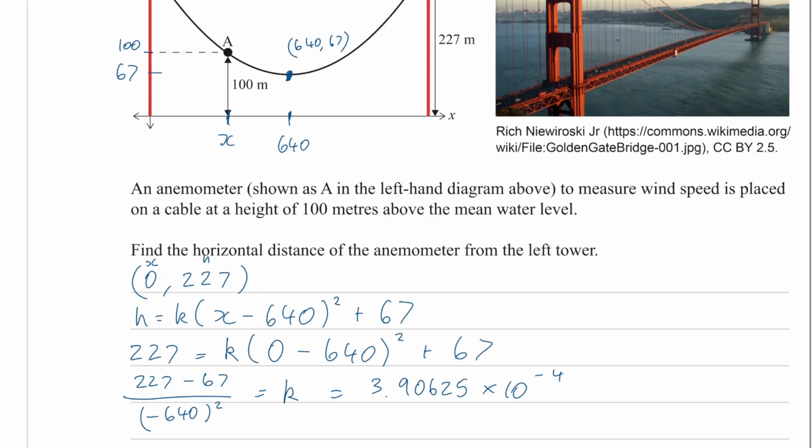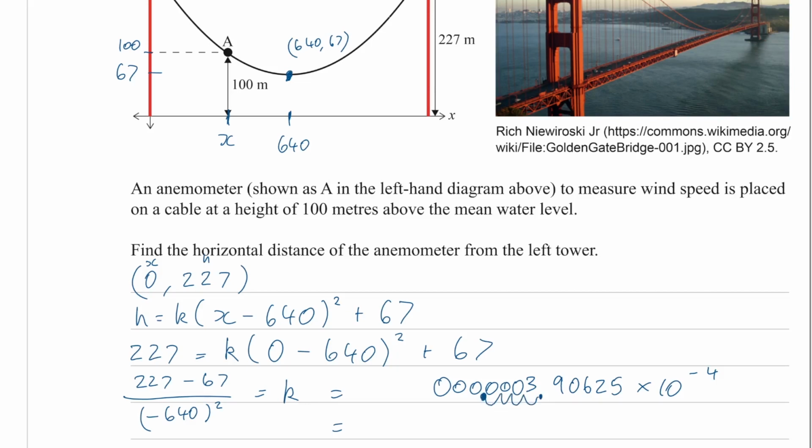So if it's been a while for you, I'll show you how I teach my year 10s. For negative 4, we shift the decimal point 4 places to the left. So let's put a bunch of leading zeros: 1, 2, 3, 4.